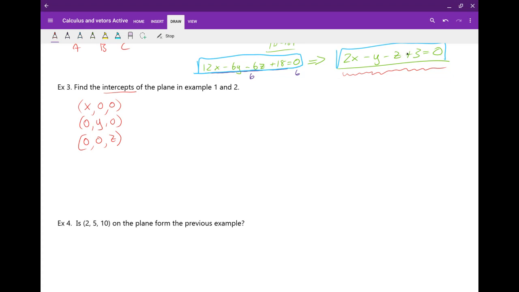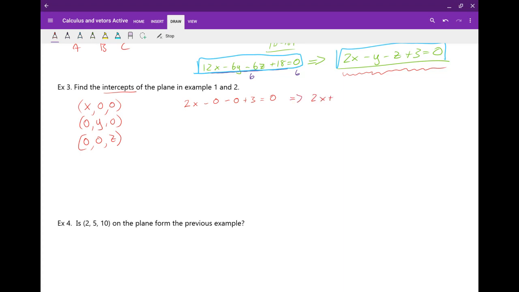And so I can basically say, to find my x-intercept, I'm going to set y equal to 0. So it's going to be 2x minus 0. I'm also going to set z equal to 0, plus 3 equals 0. And so basically I end up getting the following formula.